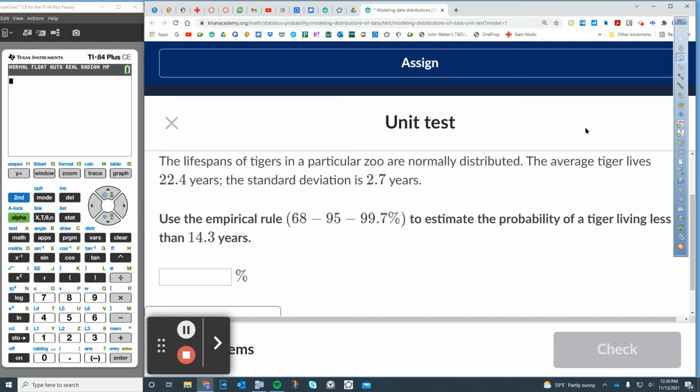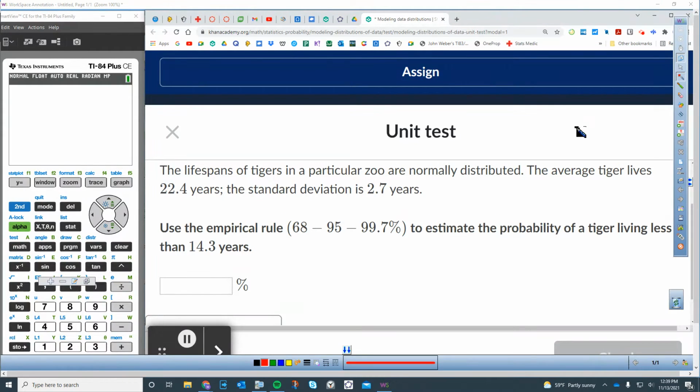Okay, and now how does this look like? It says here the lifespan is normally distributed, so it's going to look like this, right? A normal distribution with the mean of 22.4 in the middle and standard deviation of 2.7. I typically like it to be three standard deviations to the left and to the right.